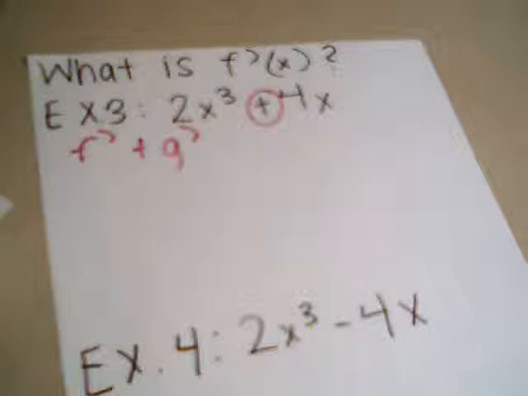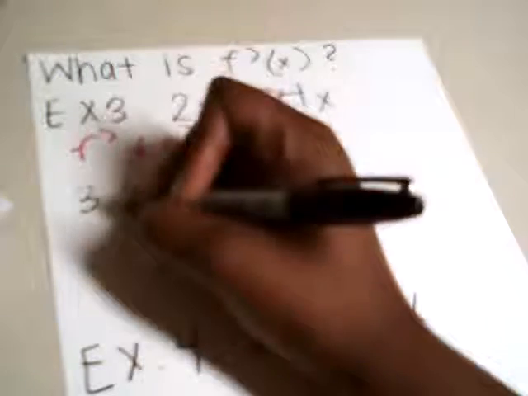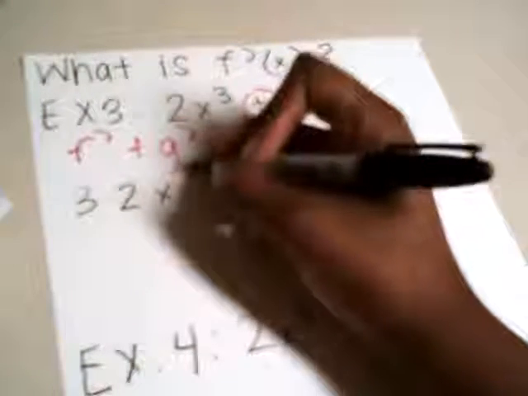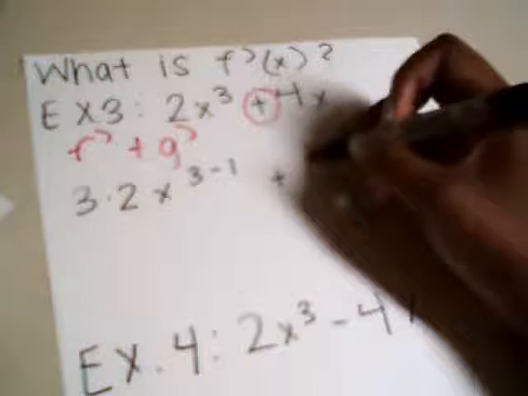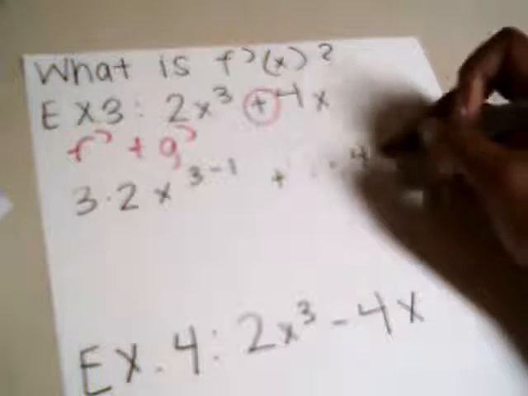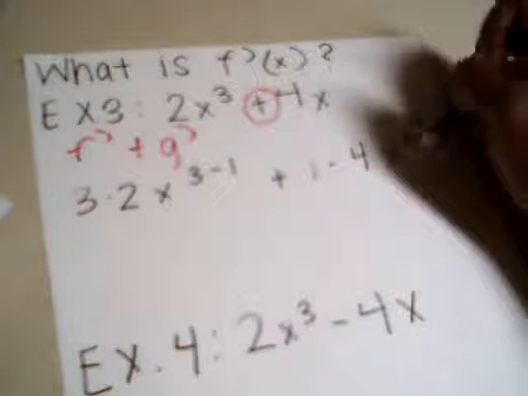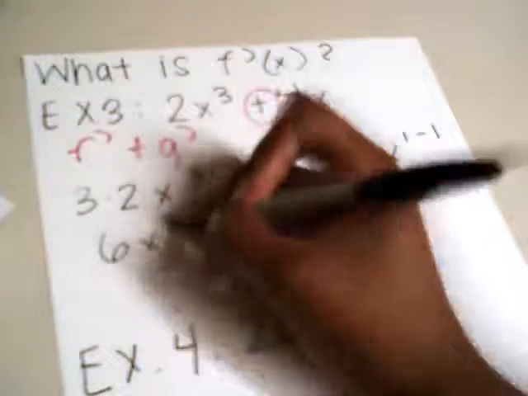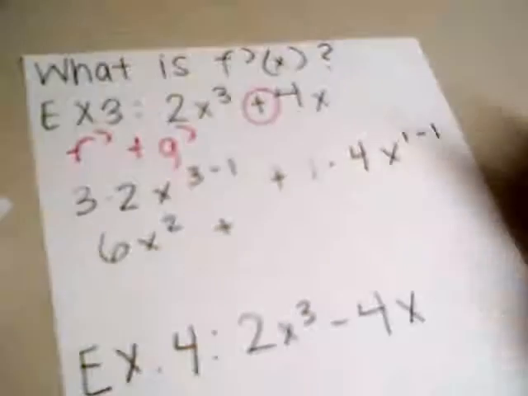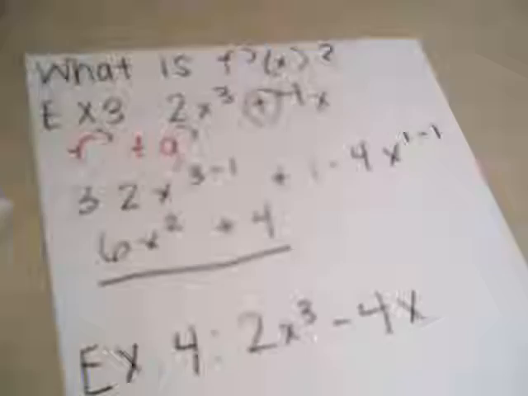We'll do this by applying the power rule once again. We can go ahead and simplify. And this is the answer we get.